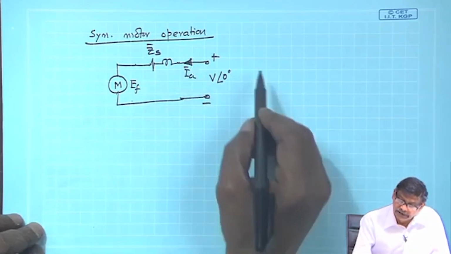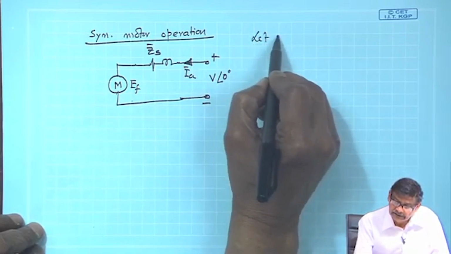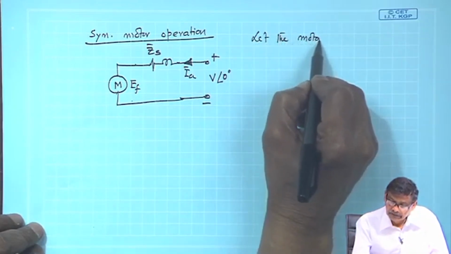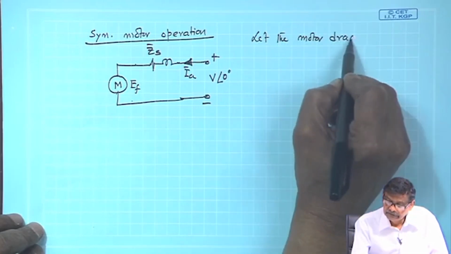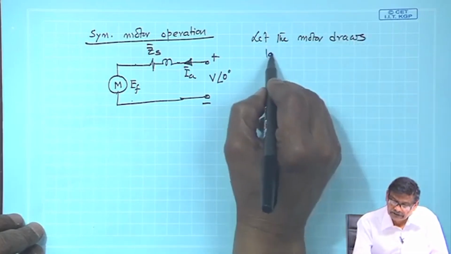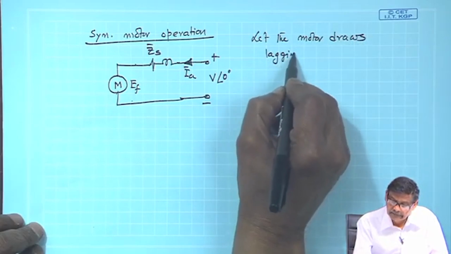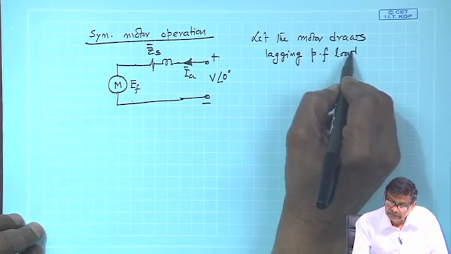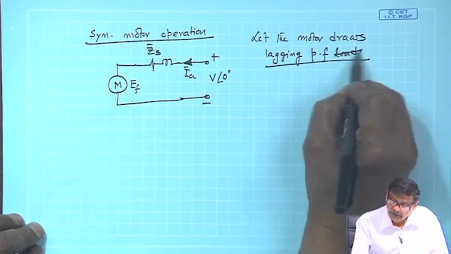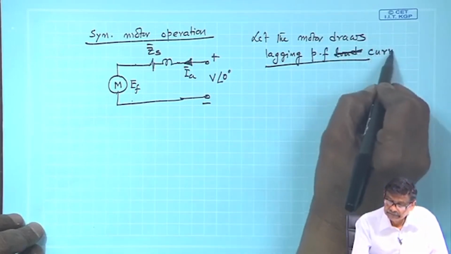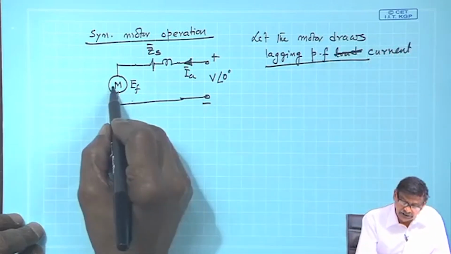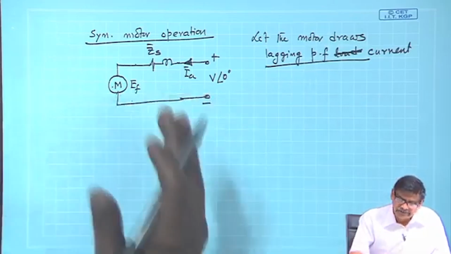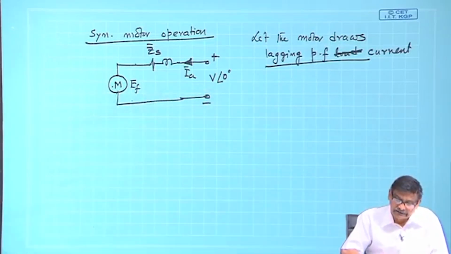Now, let the motor draw a lagging power factor current. Its load is a mechanical load on the shaft, and it draws at some steady operating point.